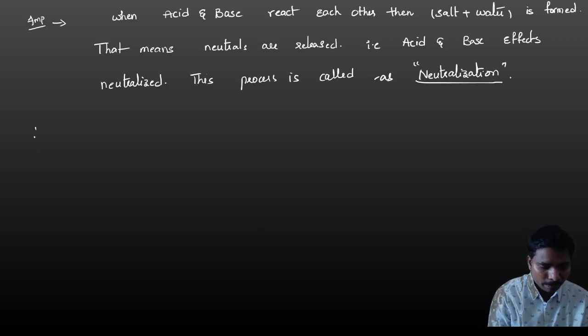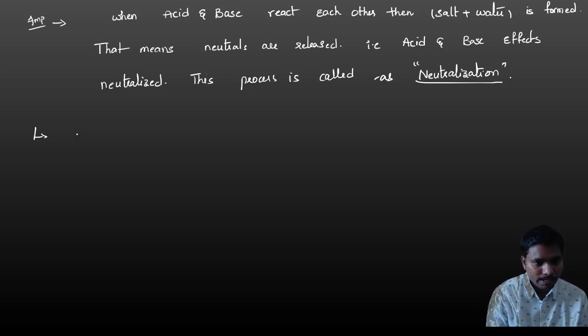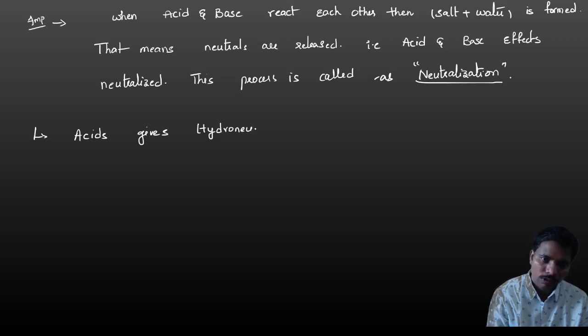And the next important property, acid gives hydronium ions. Generally, we denote it as H3O plus.